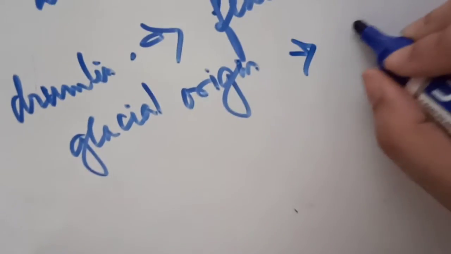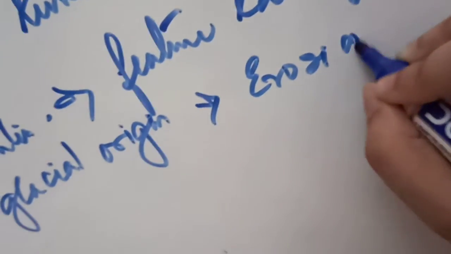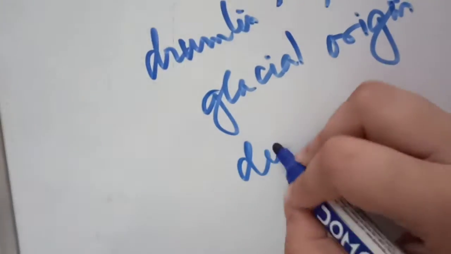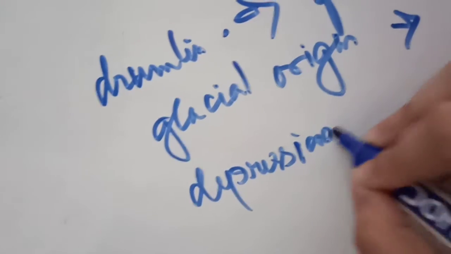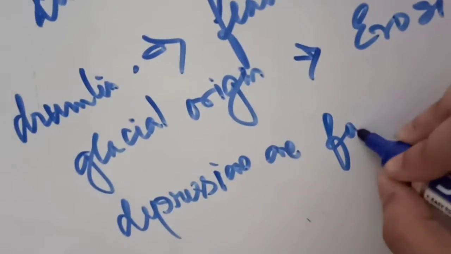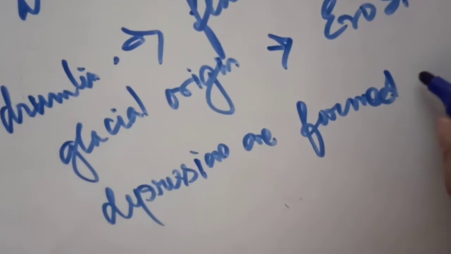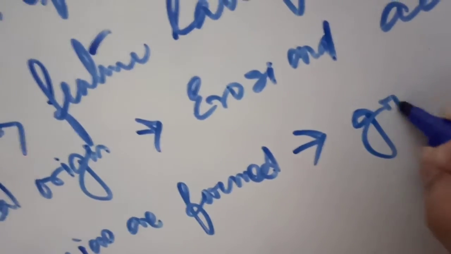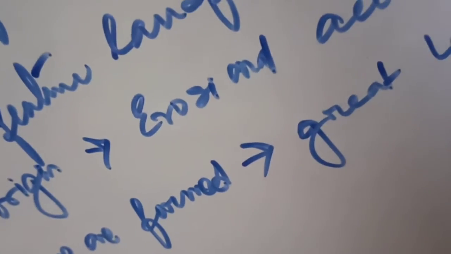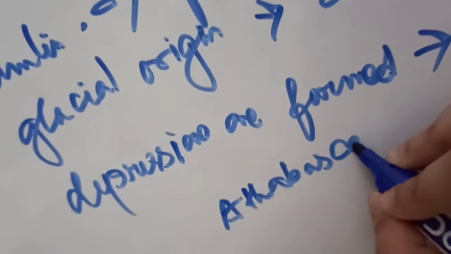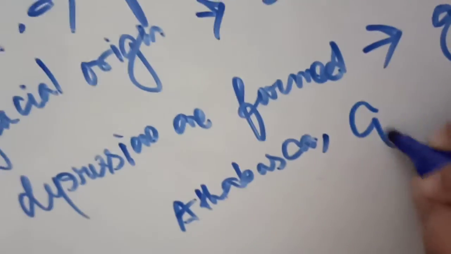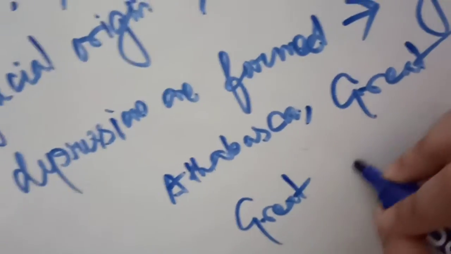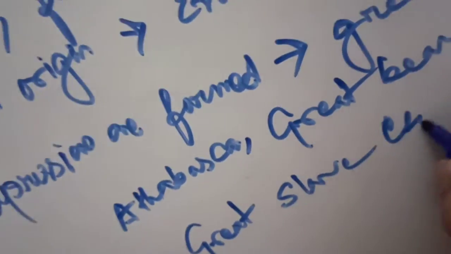Due to this erosional activity, depressions are formed over here, which later formed the great lakes like the Athabasca, then Great Bear, then Great Slave, etc.